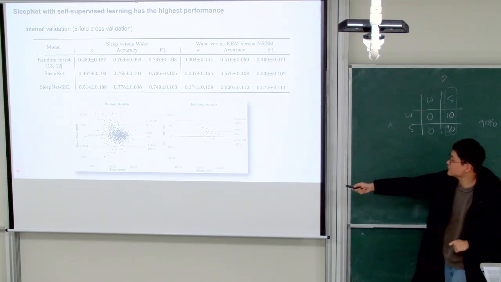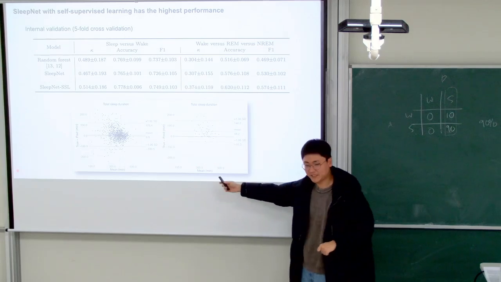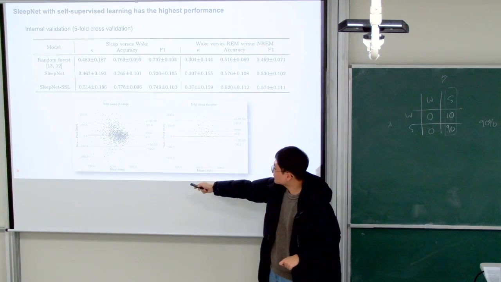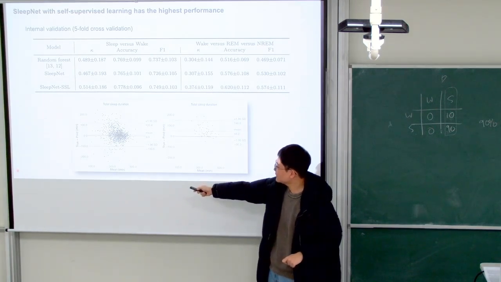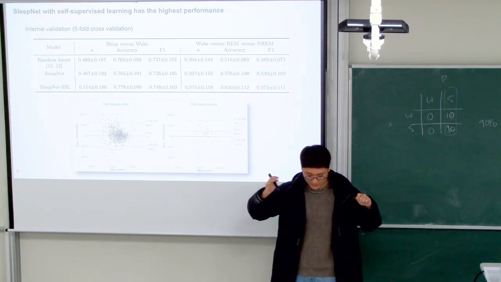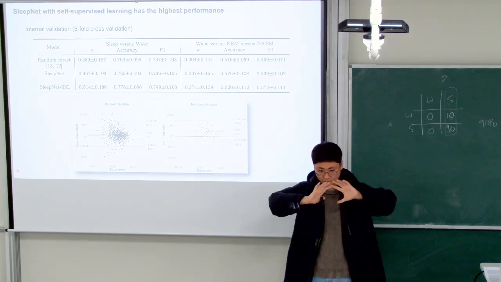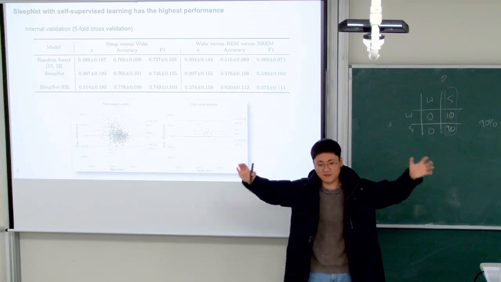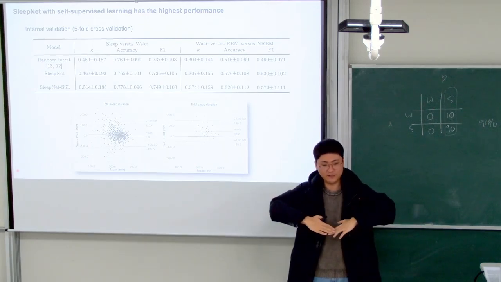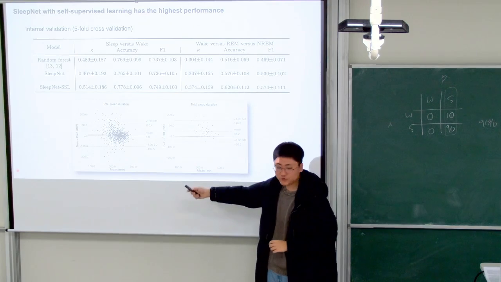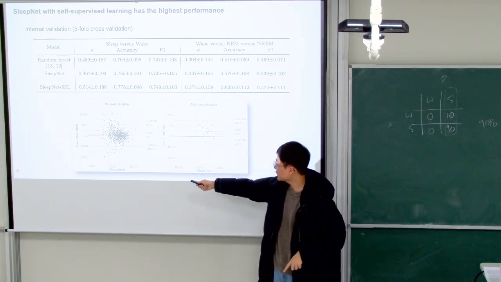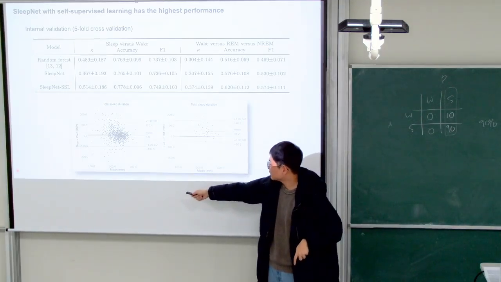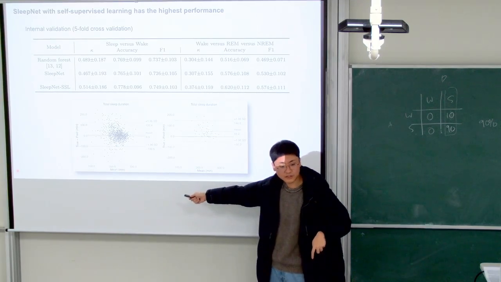And also there is something called a Bland-Altman plot. This represents the difference: we first classify all sleep and wake cases, and then we calculate the total sleep time during some period. There would be a true total sleep time and a predicted total sleep time, right? Then we plot the differences, the error, against the real total sleep time value.